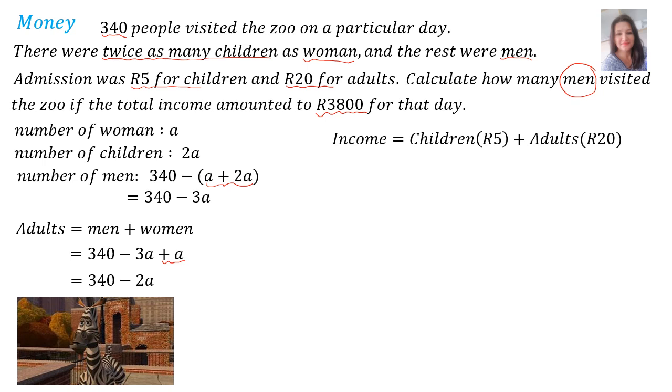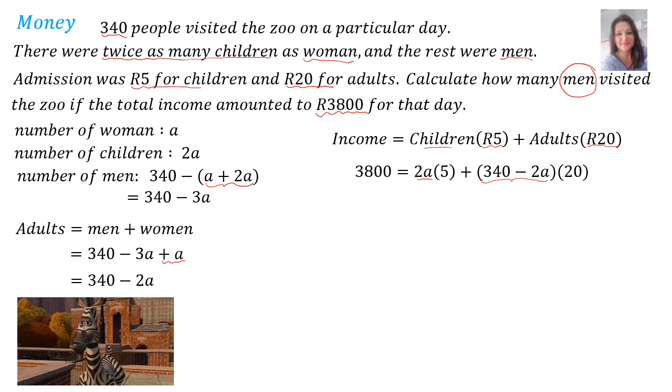Now, income is 5 Rand for the children, so it's children times 5, plus 20 Rand for the adults, therefore adults times 20. The income on the left was 3,800 equals children is 2A times 5, and adults we worked out 340 minus 2A times 20.